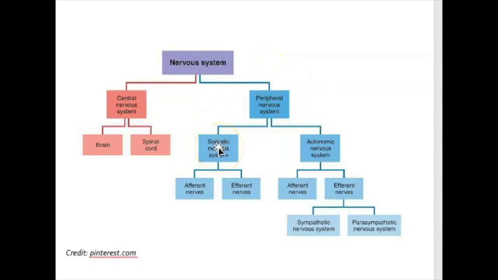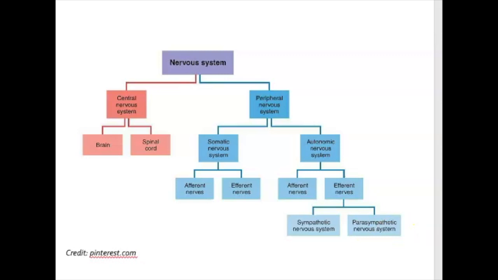Within the somatic side, the voluntary or aware side of this description, they're showing us both efferent and afferent pathways. Within the autonomic side, the involuntary or unaware side, you can find both afferent and efferent pathways. And then they're describing that within the efferent pathways, there are both sympathetic and parasympathetic branches.